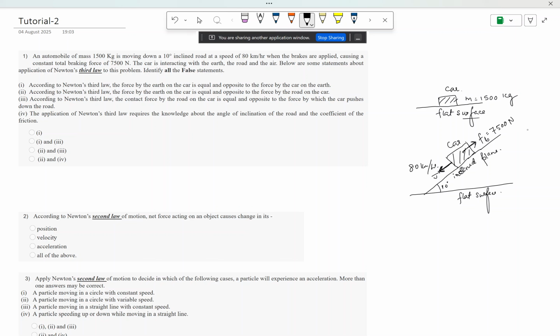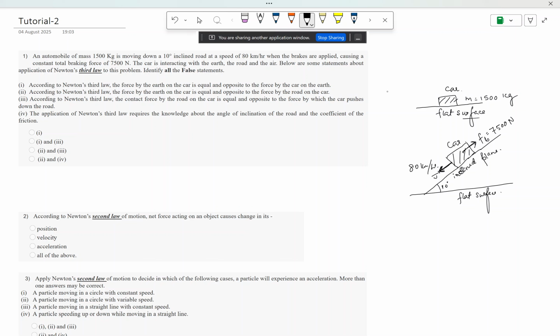This is 7500 Newton. Now in this case, you are told that the car is interacting with the earth, the road and the air. You know that the car is sitting in the whole environment, and the environment will always have an effect on the car or anybody sitting in it.